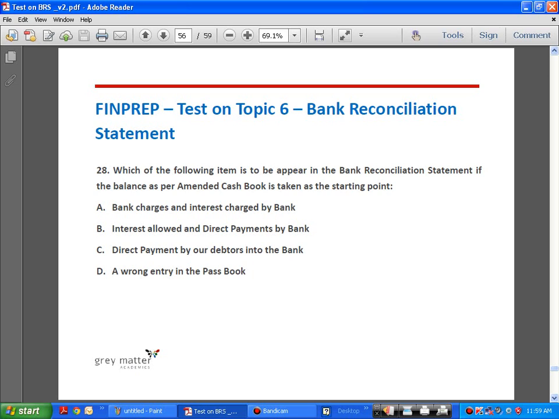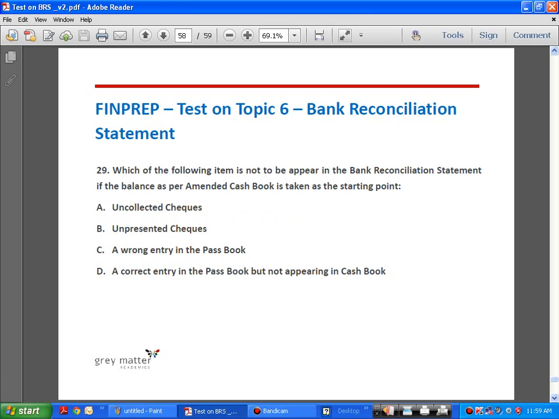B, interest allowed and direct payments by the bank. This will also be considered to calculate the amended cash book balance. Direct payment by our debtors into the bank, this will also be considered. So we are left with option D, a wrong entry in the passbook will appear in the BRS.